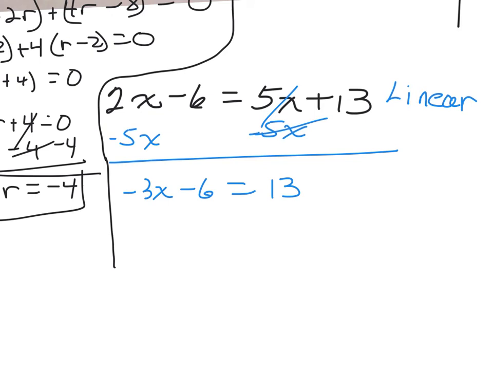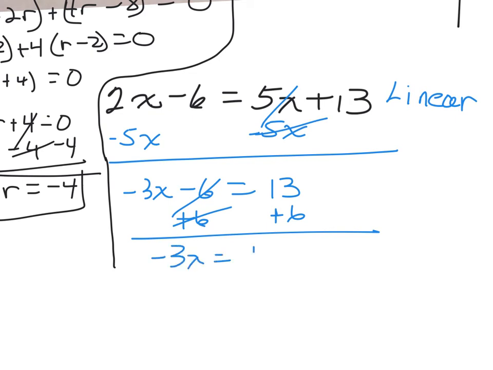So my variables went left, so my constants have to go right, so we'll add 6. So negative 3x is equal to 19. And we'll divide by negative 3. And x is equal to negative 19 thirds.